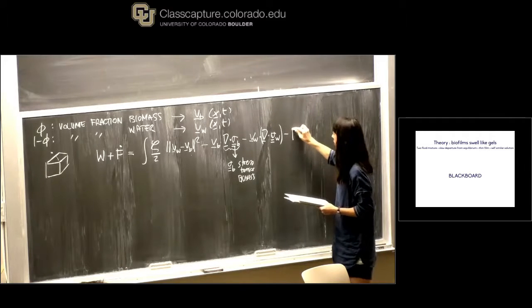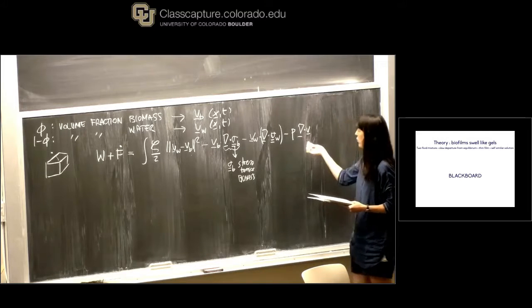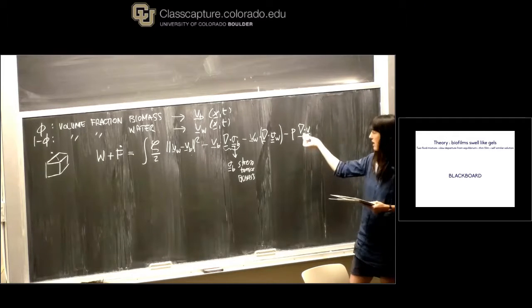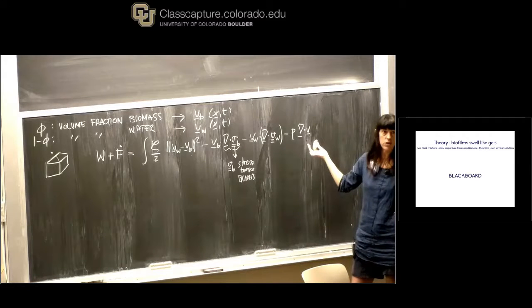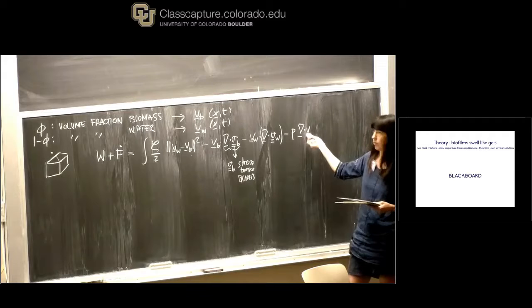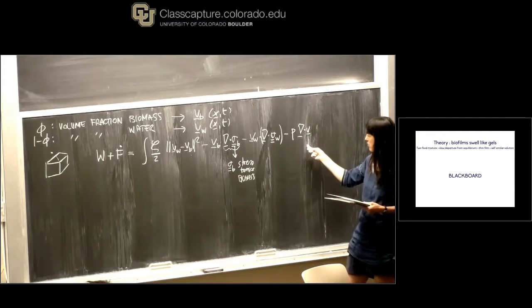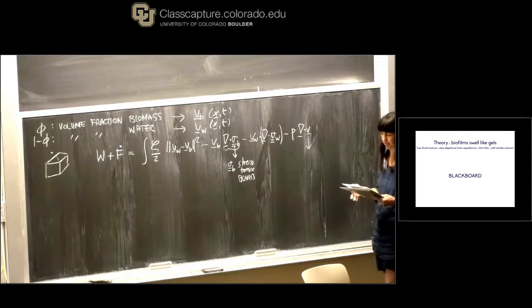And then I have a Lagrange multiplier to enforce incompressibility, but we'll have to discuss this because it's not obvious that the biomass or the water will satisfy this equation. So we're going to have to discuss what this V is. I'll do it in a second.